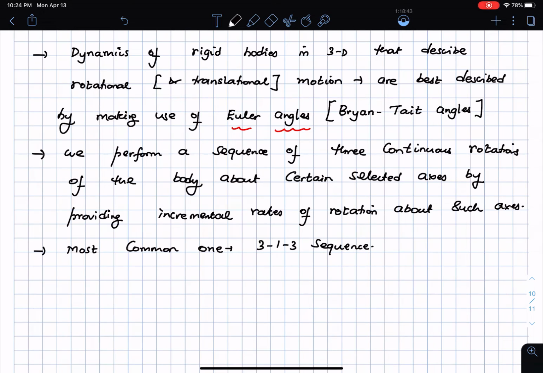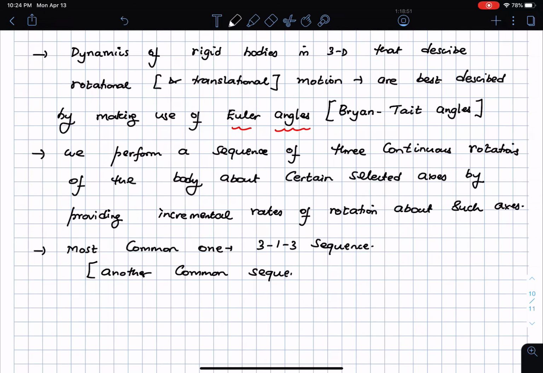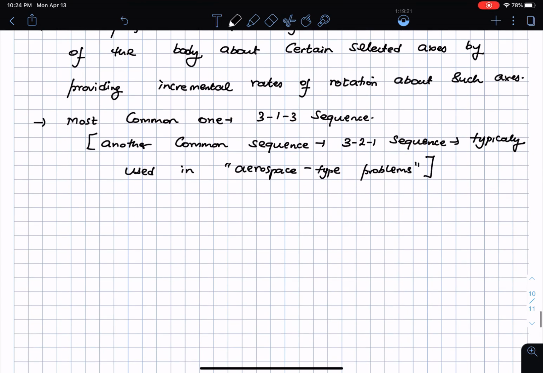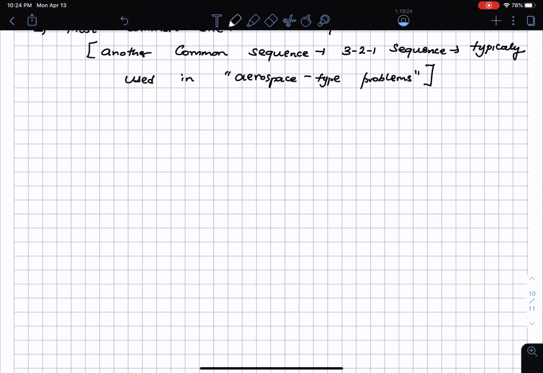Sometimes we also have the 3-2-1 sequence, another common sequence, typically used in aerospace type problems. That's something that we will not be doing. And here is the 3-2-1 sequence of rotation that we're going to be doing for our rolling coin.